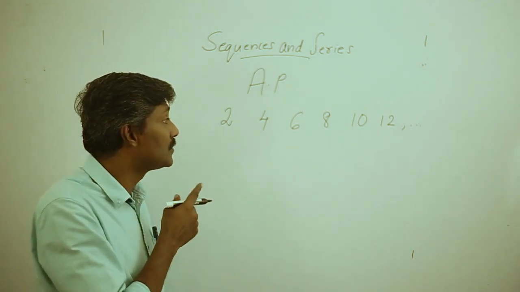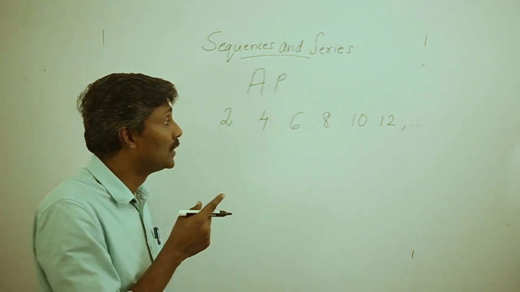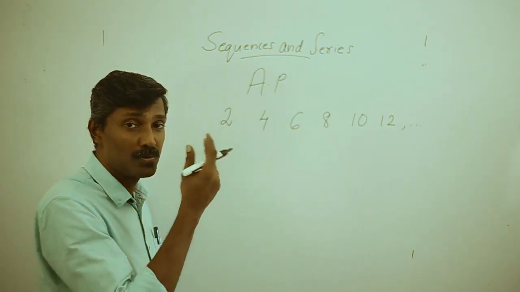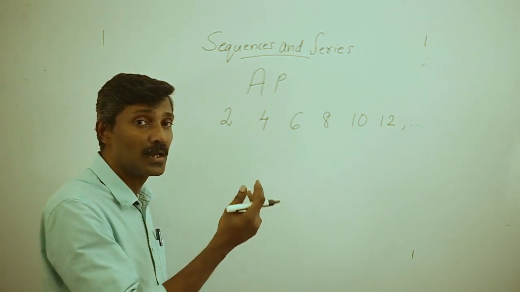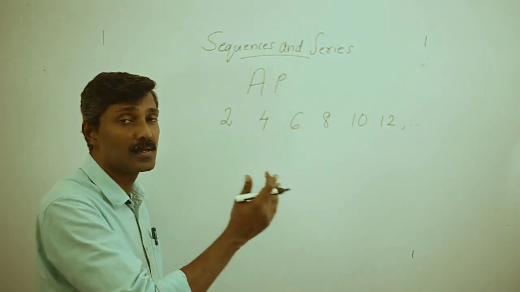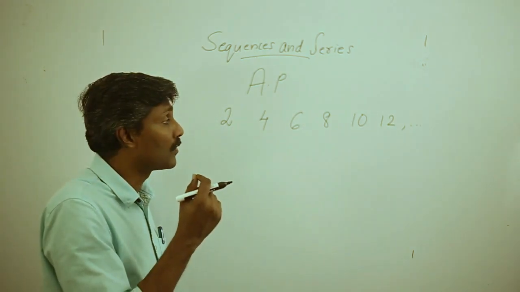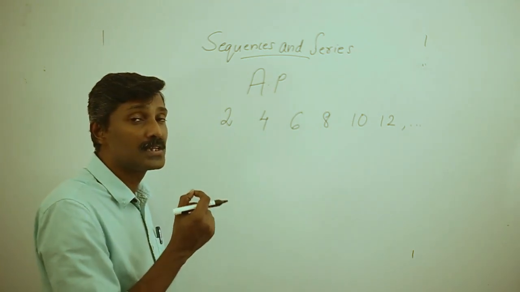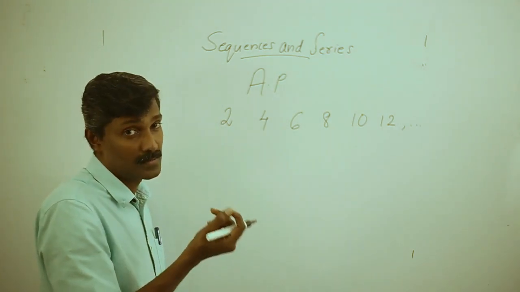The first term of this sequence is 2, then the second term is 4, 6, 8, 10, 12, etc. How are these numbers related? Or what is the general formula for the nth term?